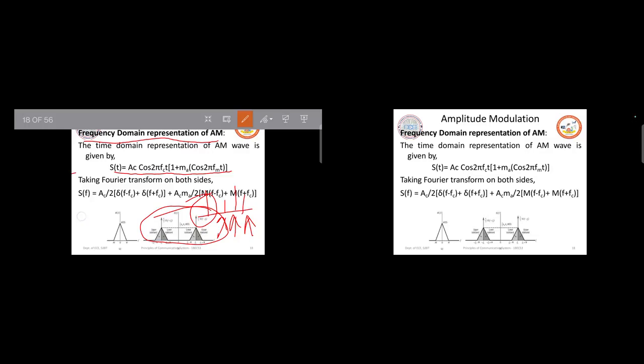So we also got to know how the spectrum looks when you take a single tone modulating signal. This is how the frequency domain representation looks.